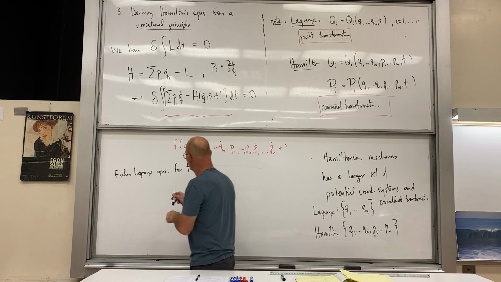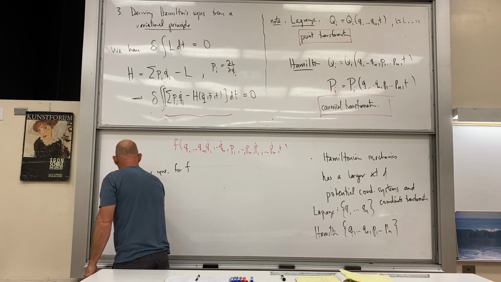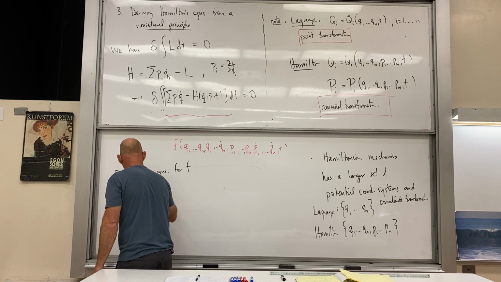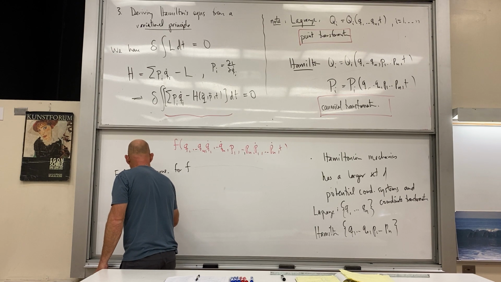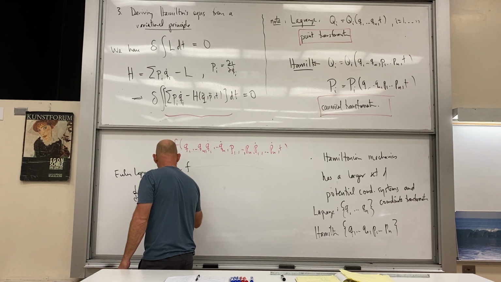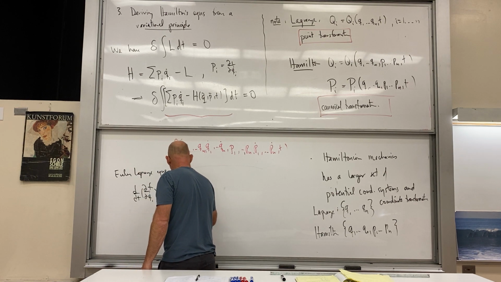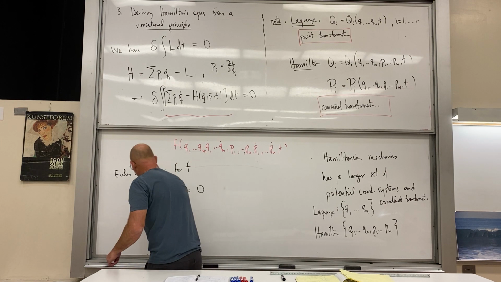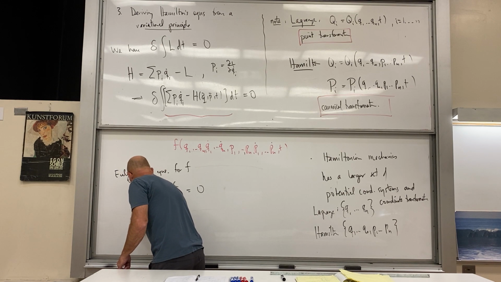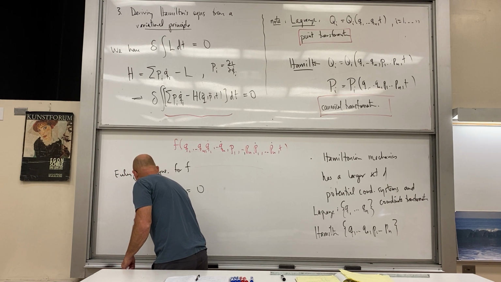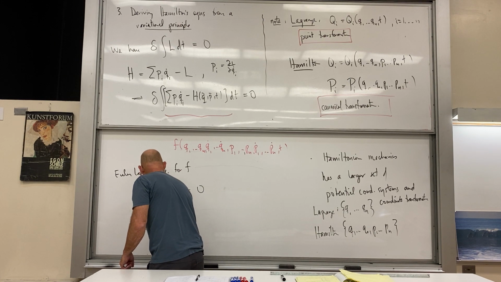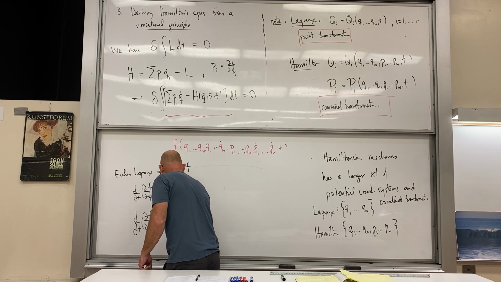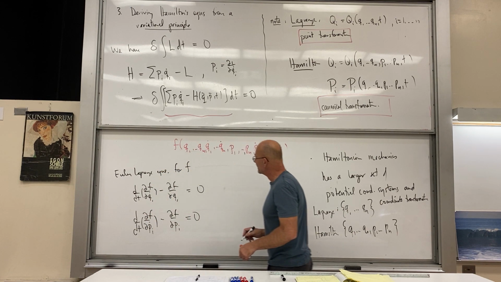So yeah, what do we have? d/dt of dF/dQ_i dot minus dF/dQ_i, same thing for P, so d/dt of dF/dP_i dot minus dF/dP_i is equal to 0.